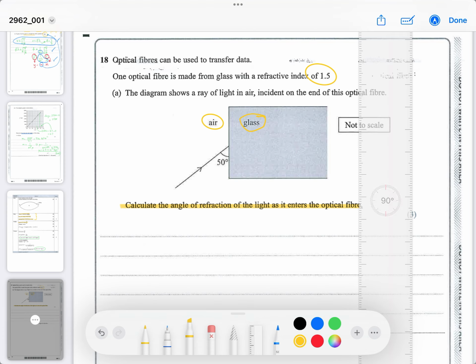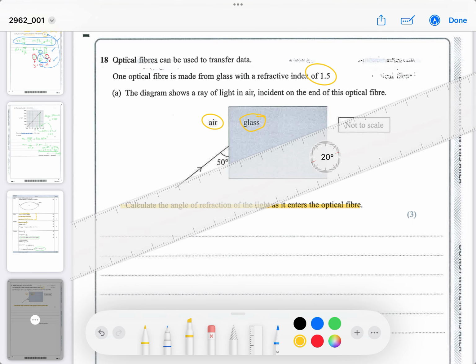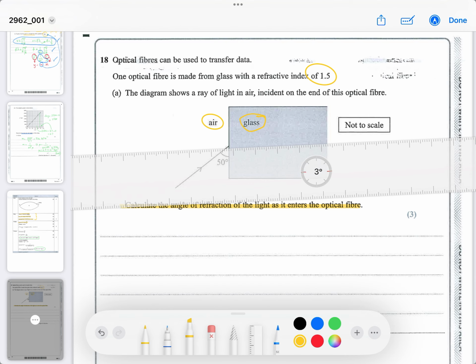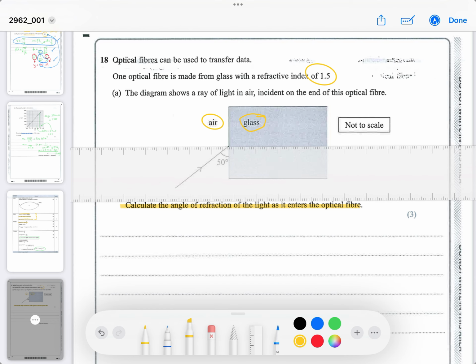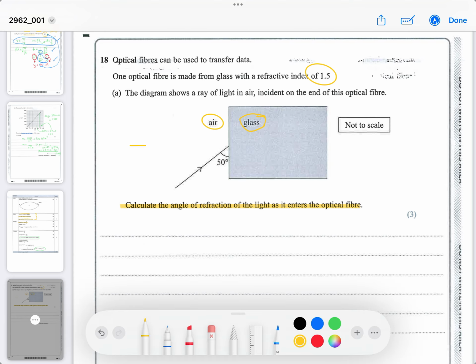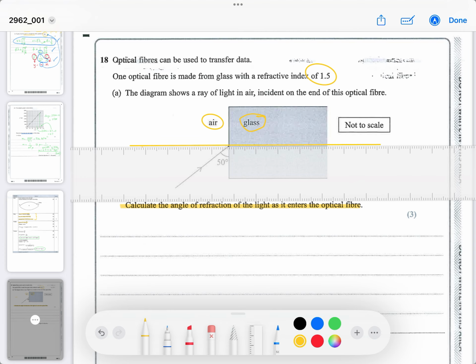So when you do that, always show that you know that you're measuring to the normal. When you're doing your normal, always draw it. This ruler doesn't let me do a dotted line, but this line should be dotted, so that yellow line is the normal.